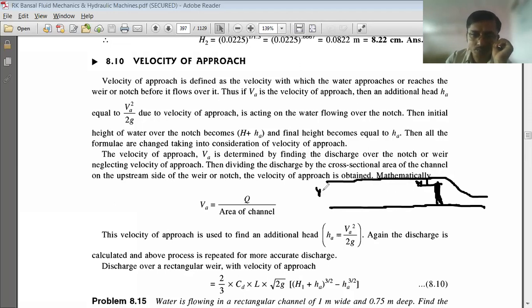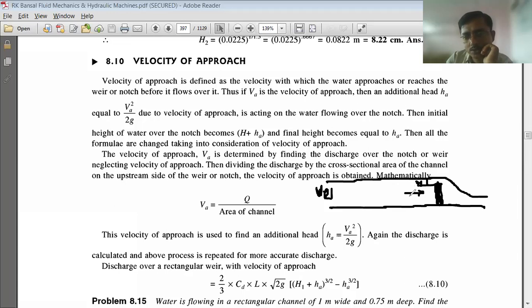It will be having some velocity. It is moving with some velocity, right? So this is the velocity of water with which this water is approaching toward the notch or weir.